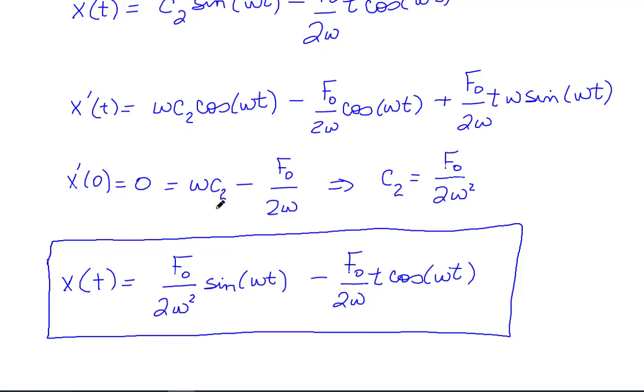And so I can solve this for C2. And C2 is going to be F0 over 2 omega squared. Giving my function, x of t is F0 over 2 omega squared sine omega t, and then a part involving t and a cosine.